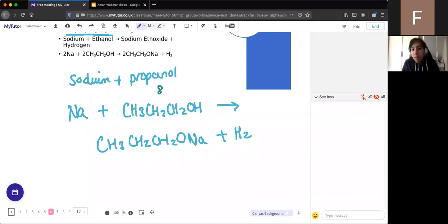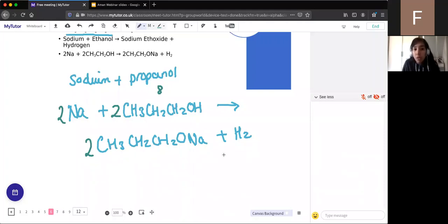If I put a 2 here, that's not going to make it even. The problem is this molecule. So to make it even, I have to double this. And then if I double that, that means the carbons have doubled, so I need to double this. And again, now let's look, and we can see that I've got 2 sodiums, so that means I need to double up the sodiums.